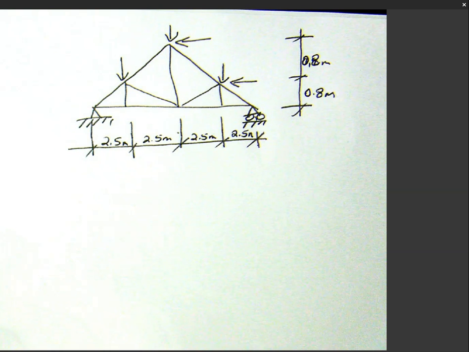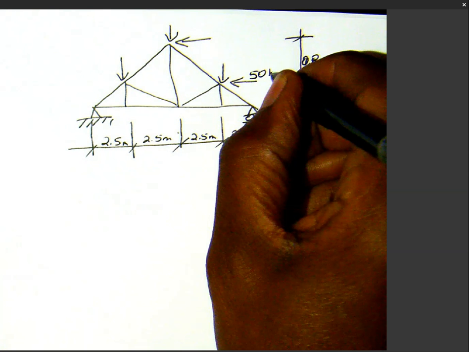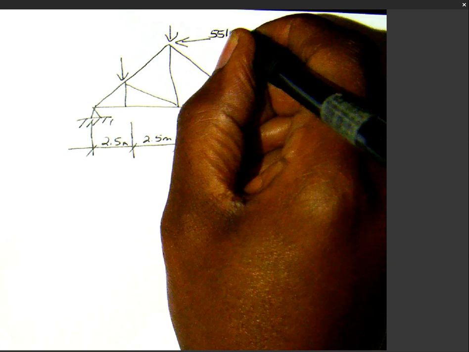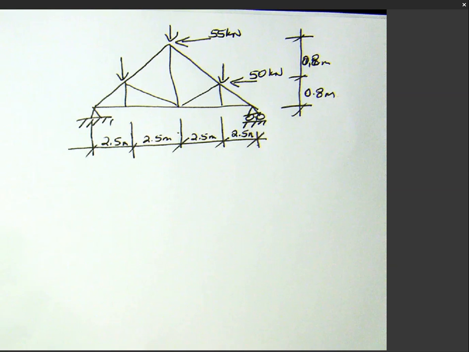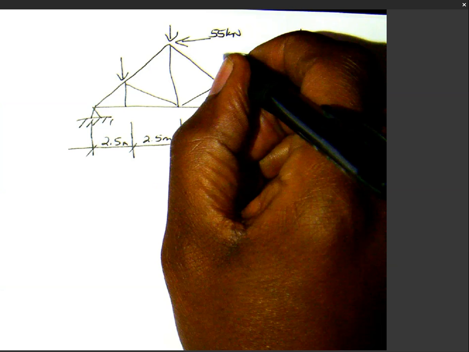I'm going to say this is 50 kilonewtons. This is 55 kilonewtons. I don't have a solution to the problem, guys. I think I must be clear. There is no solution to this problem. As you can see, I'm just coming up with this one.